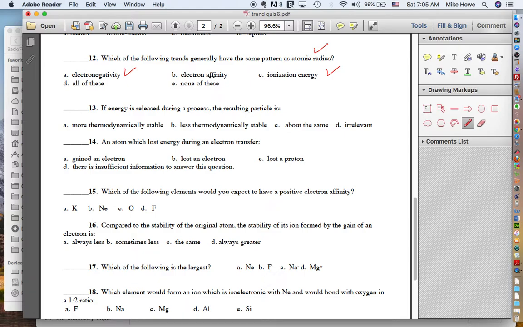Electron affinity we didn't make a graph for, so in general, as you go across a period, electron affinity does that, in general, across a period. I think we talked about this enough earlier that if energy goes out, what's that mean? If energy goes in, what's that mean? If energy went out during an electron transfer, did the atom gain an electron or lose an electron?